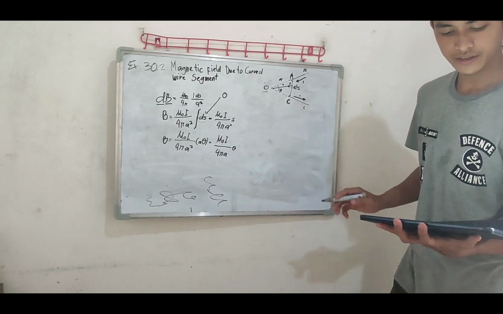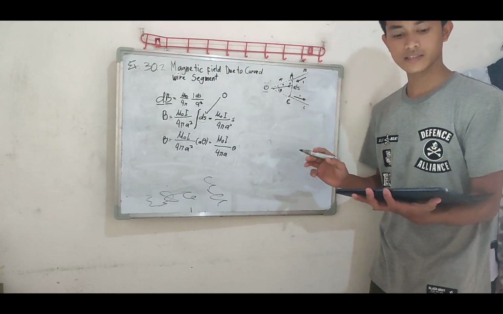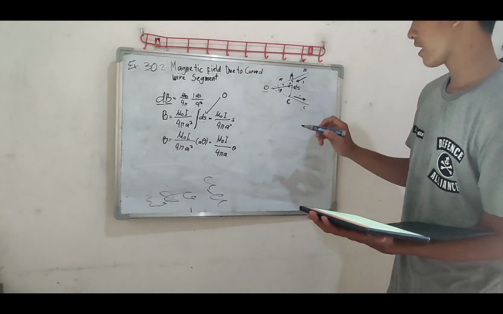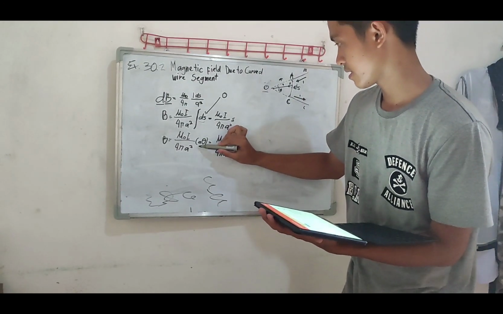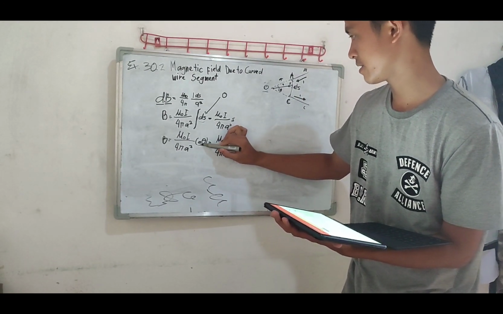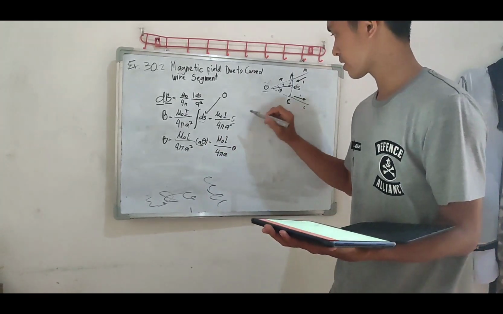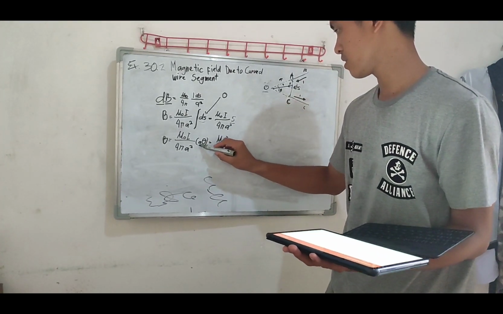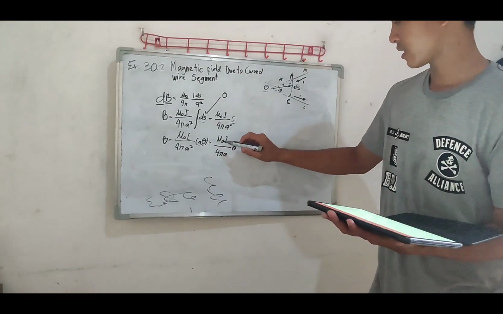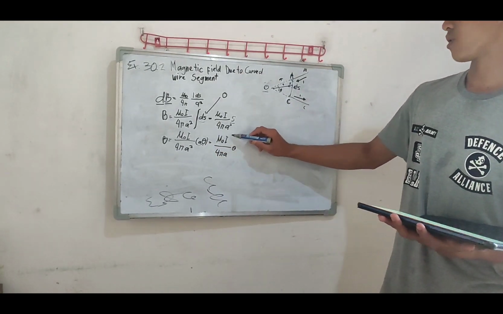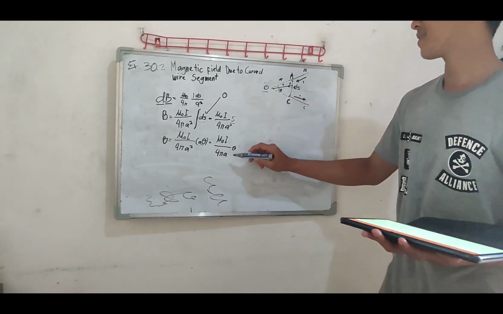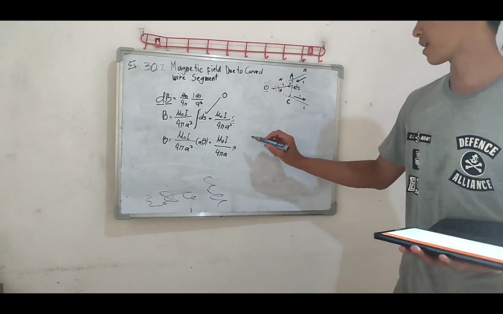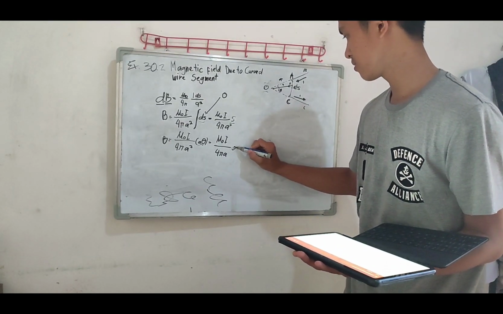From the geometry, note that s is equal to a theta. So we substitute s with a theta, which gives mu sub 0 I over 4 pi a times theta.